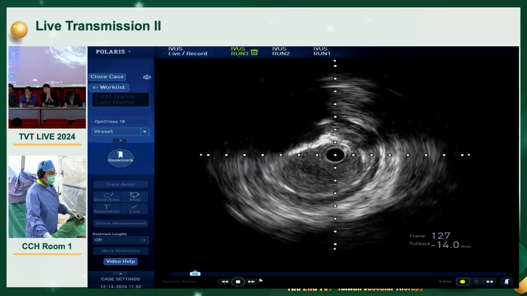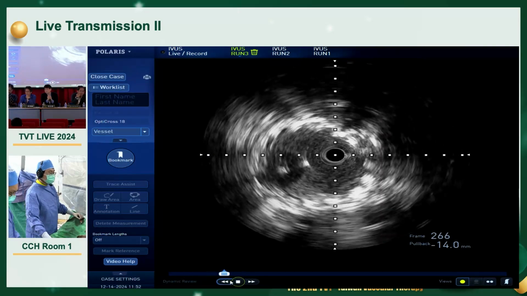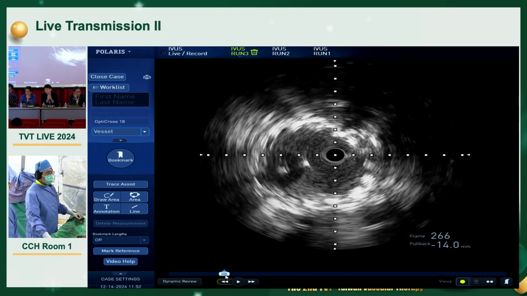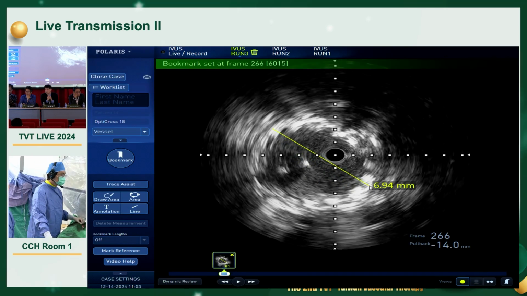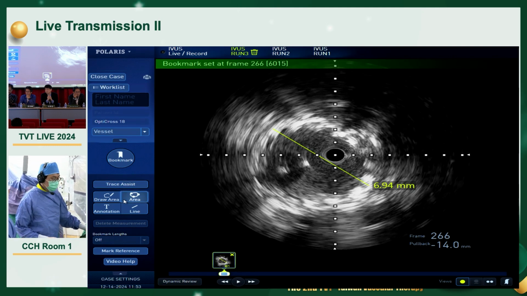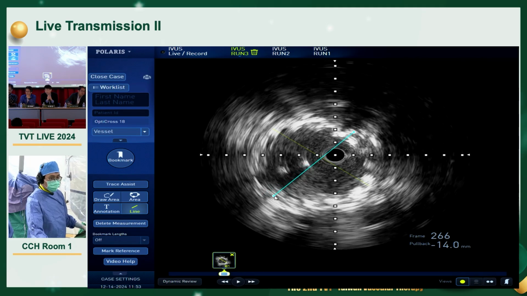If no distal protection, I suggest 5 balloon POBA, balloon angioplasty.